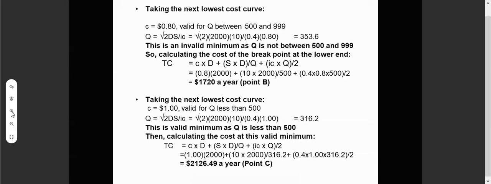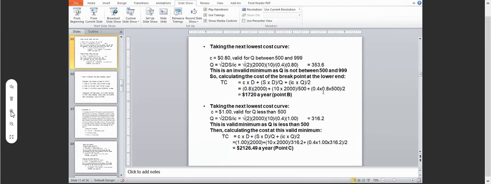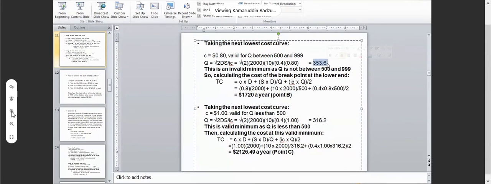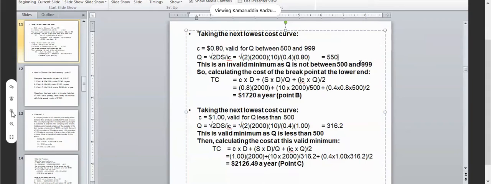So that means the optimum order quantity value is valid for the price of 80 cents, because the optimum order quantity here falls in the range of 500 to 999.